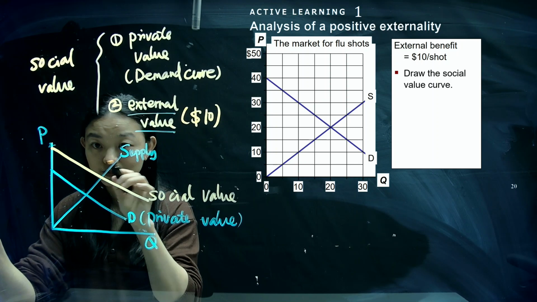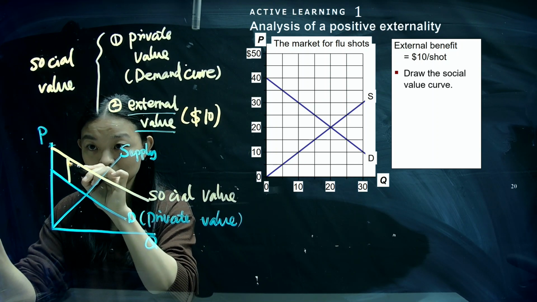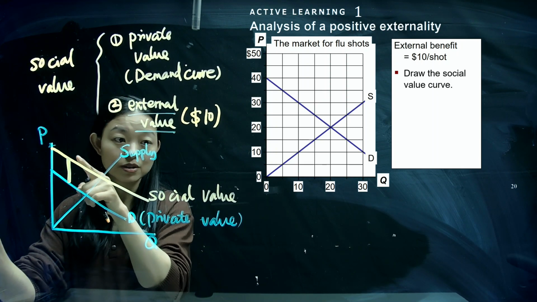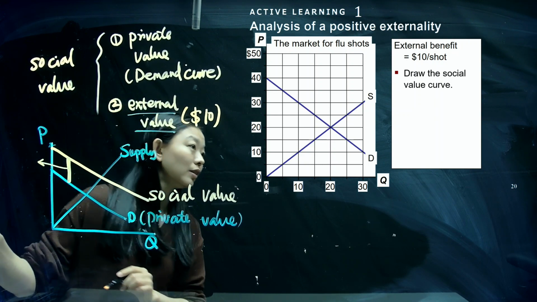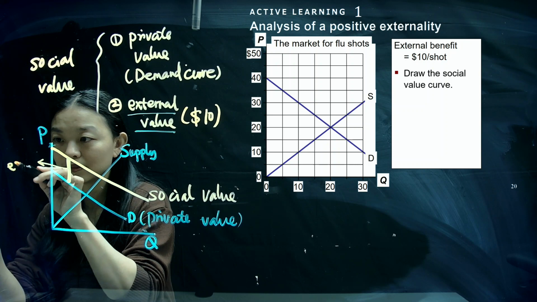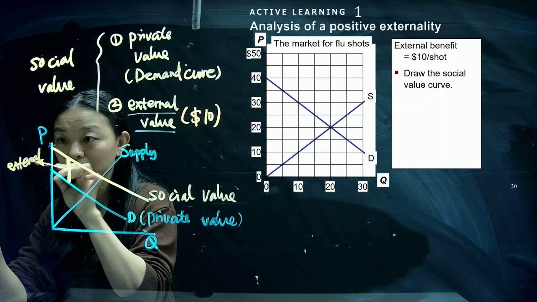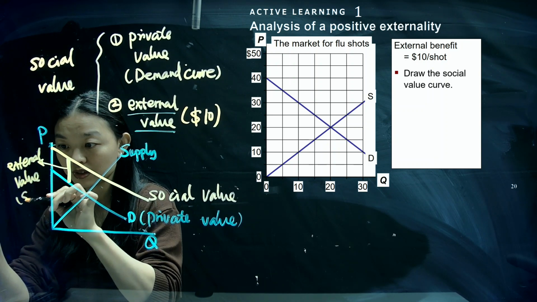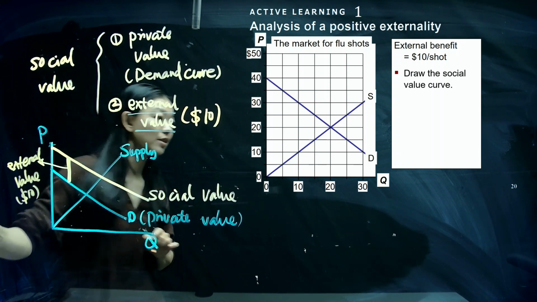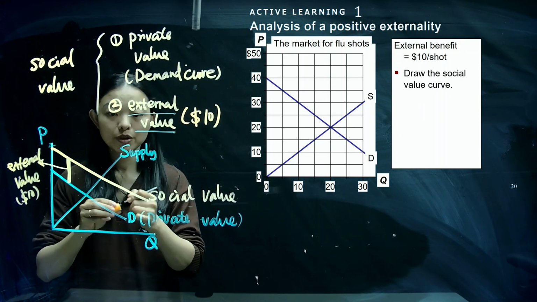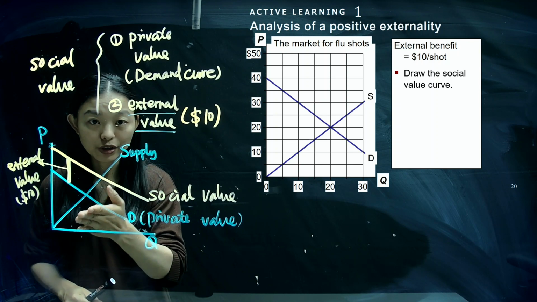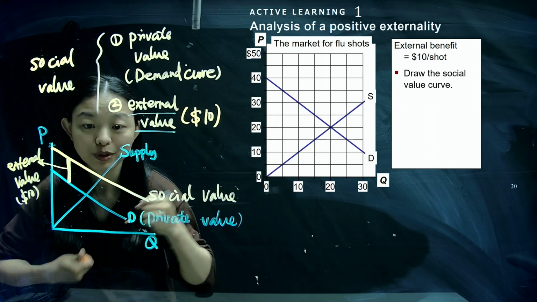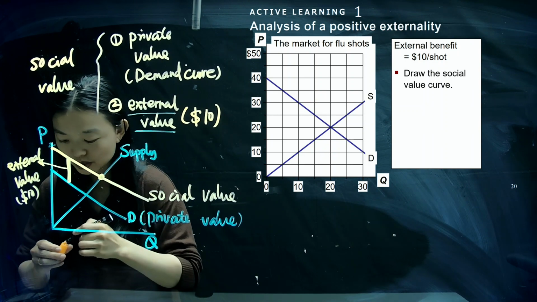The vertical distance between the social value and private value, this part is our external value, $10 per shorts. So you can see with the social value and the original supply curve, we have a new point here.